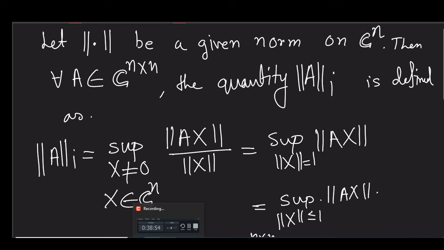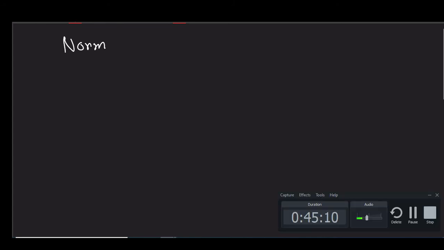Let me give you one example. We can write out the norm for the vector, and we'll find out the corresponding norm for the matrix.